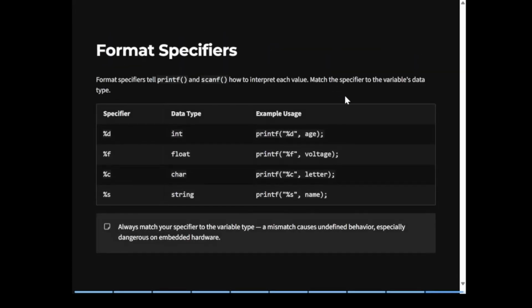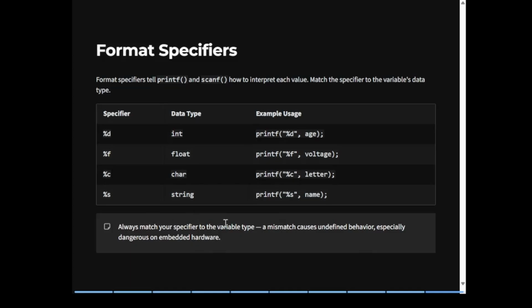Then you have to know about format specifiers and conversion specifiers. In this printf example, %d is the format specifier, because it tells printf that an integer data type is to be stored. %f means a float value, %c is a character value or letter, and %s is a string value.